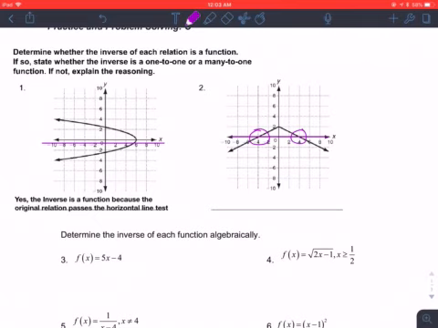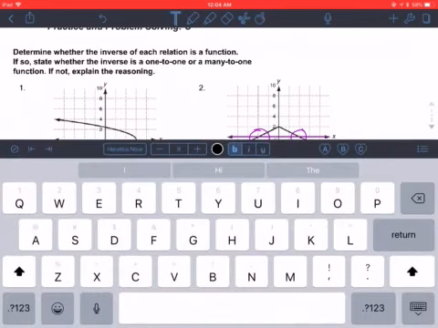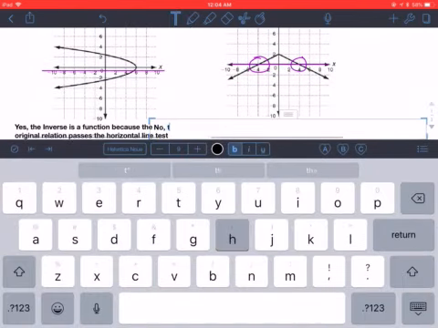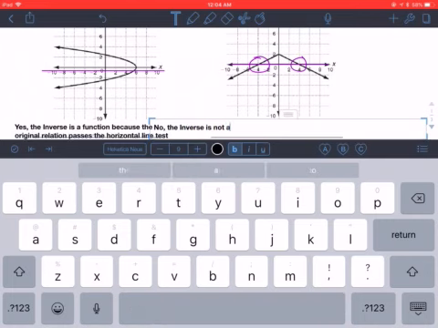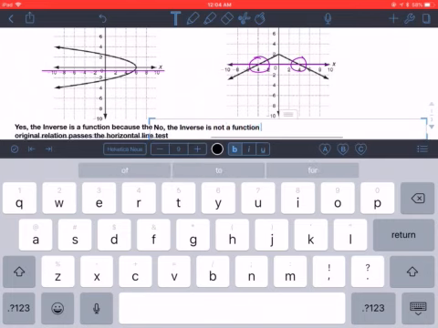So the answer is no. The inverse is not a function because the original does not pass the horizontal line test.